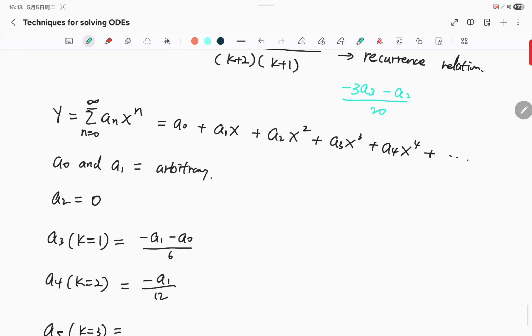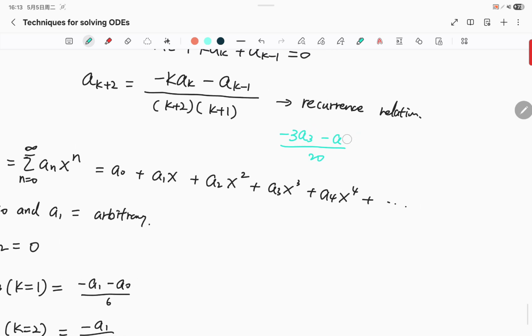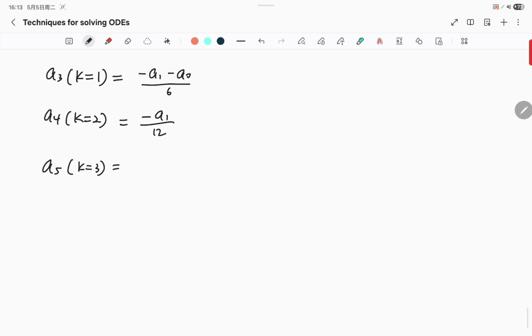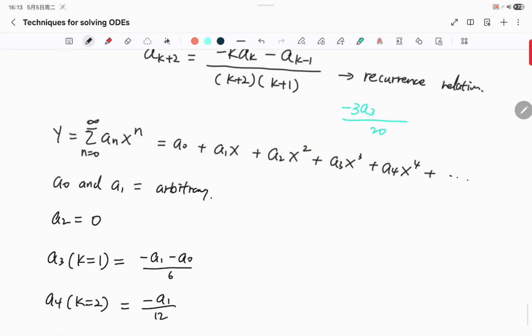So we have this expression, and we say a2 is 0, so this is gone. We have minus 3 over 20, a3, right?